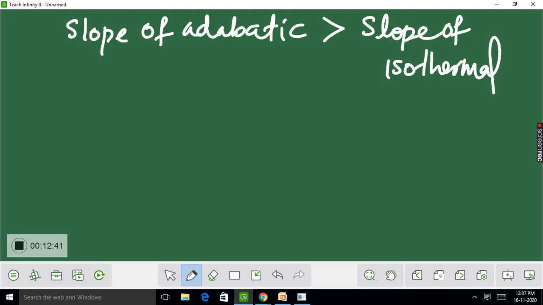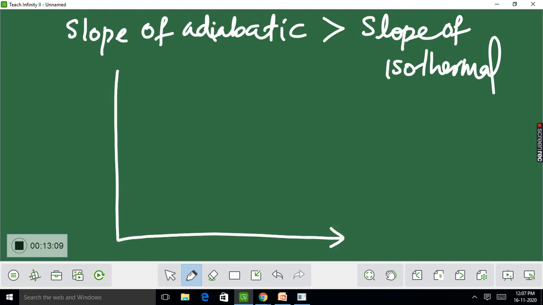If we compare the PV diagrams of adiabatic and isothermal processes, we can see that the slope of adiabatic PV diagram is greater than the slope of isothermal PV diagram, or the adiabatic PV diagram is steeper.